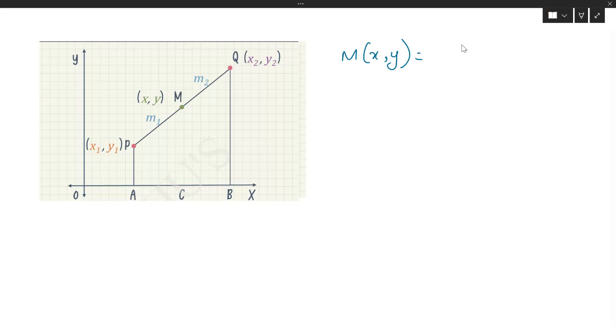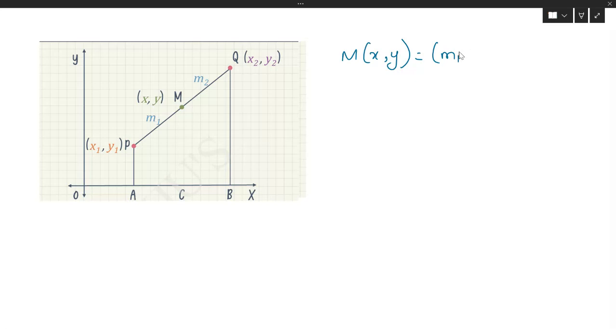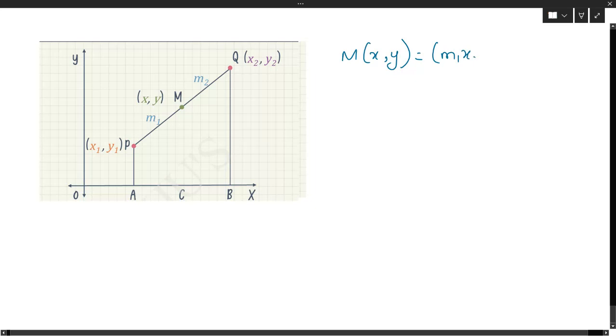What will be the coordinates of point M? So the formula is (m1 x2 plus m2 x1) upon (m1 plus m2). Now, you know what is x1 and x2, that we could clearly see.